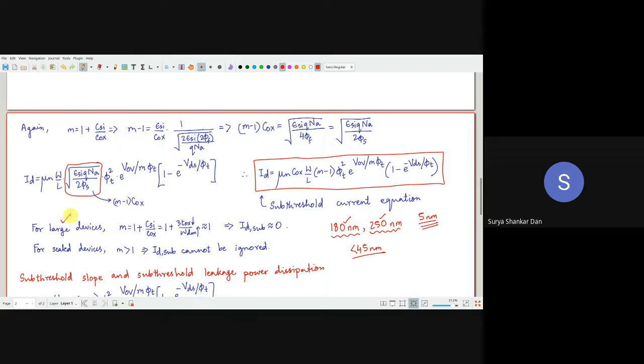So for large devices, if you put m equal to 1, this equation simply becomes 0. That is the reason why people used to say that for large devices, and people never bother to mention this every time, but in this course I am emphasizing over and over again. It's a matter of technology node.